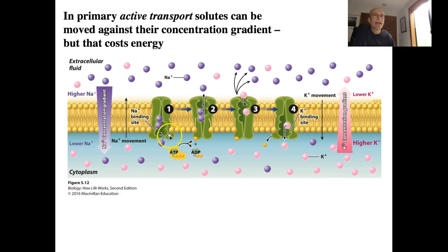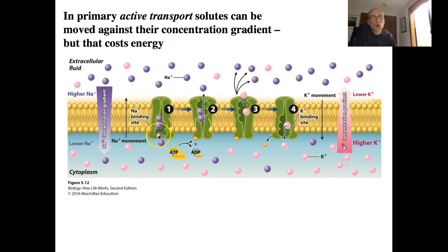And so they want to get rid of sodium and bring in potassium at the same time. And there is a membrane protein that can actually do both things. It can pick up sodium here on the inside and bring it to the outside.